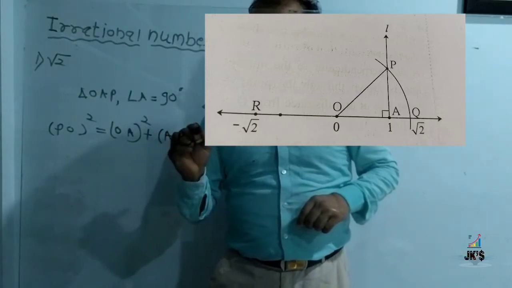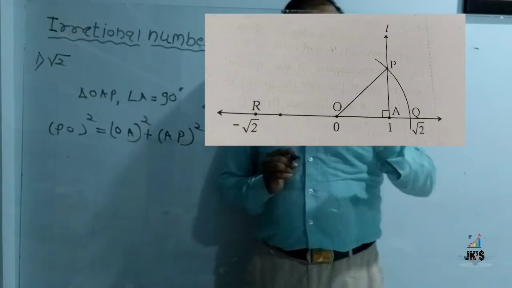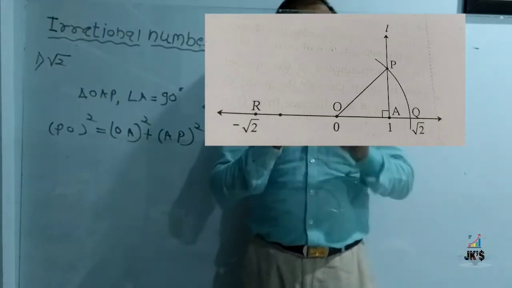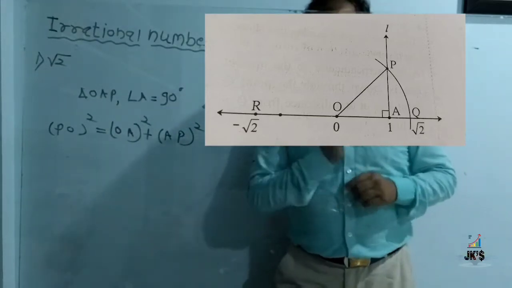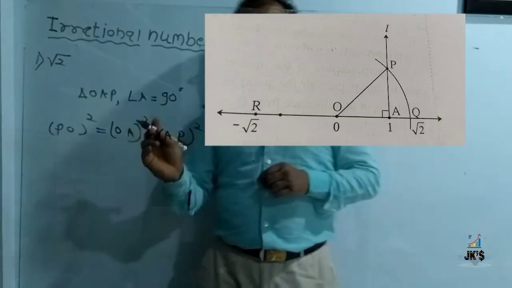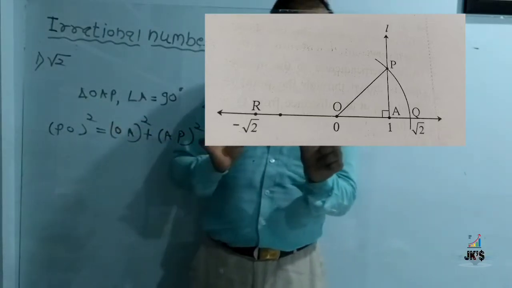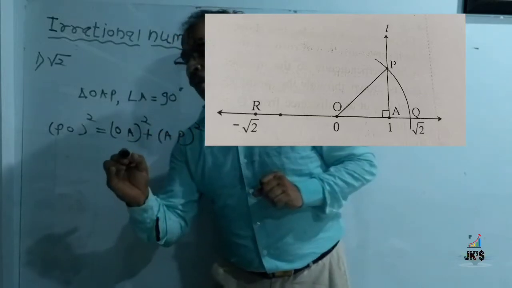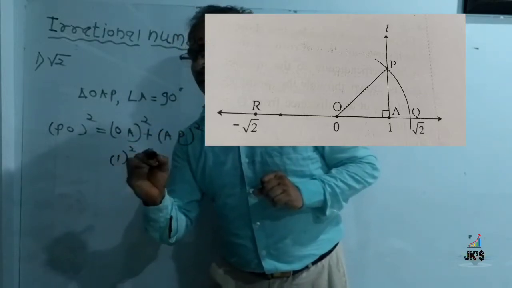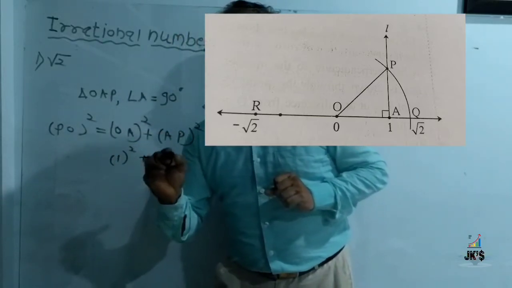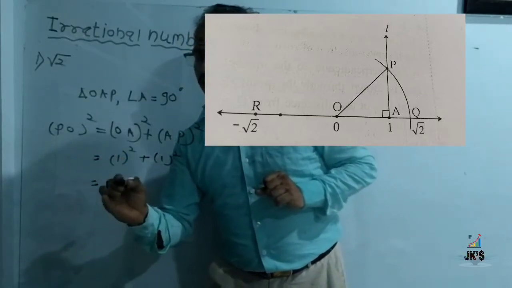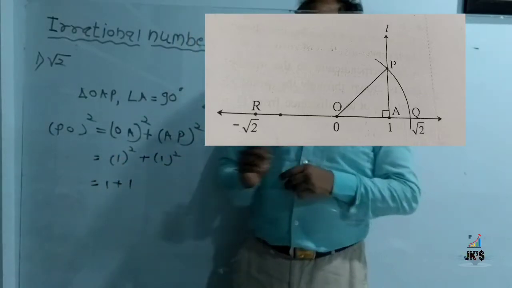But this AP is also a unit distance, and OA is also distance 1. Hence, we substitute OA equals 1 and AP equals 1. 1 square plus 1 square equals; square of 1 is 1, 1 plus 1 is 2.